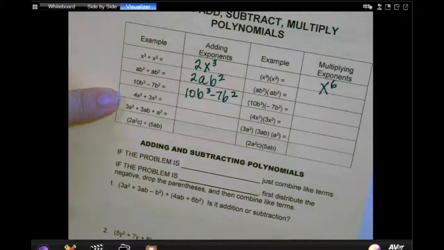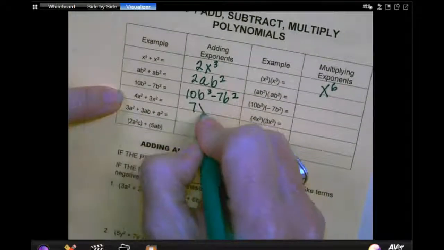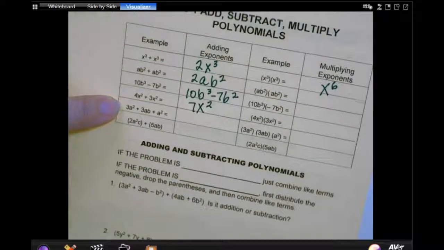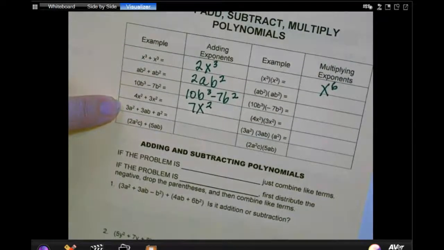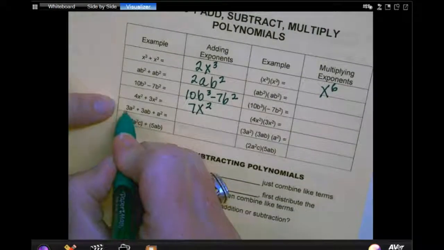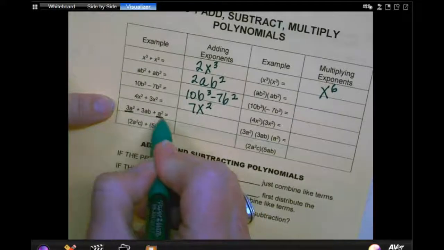But the next one, they're both squared. The squareds don't change. So 4x squared plus 3x squared is 7x squared. So what's the same on the next one? The 3a squared and this a squared.